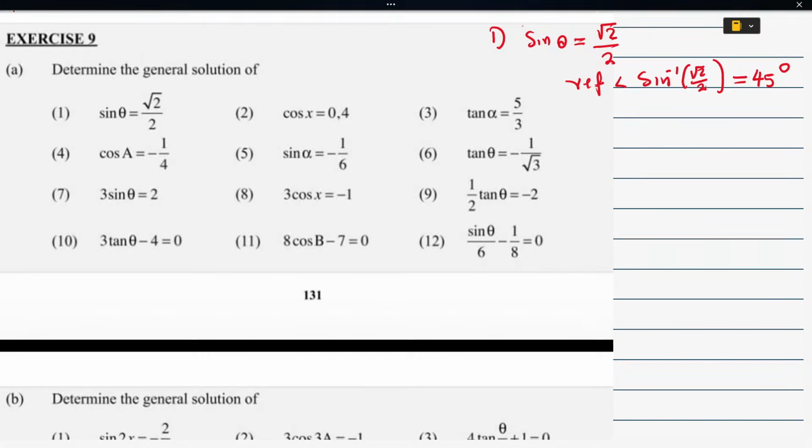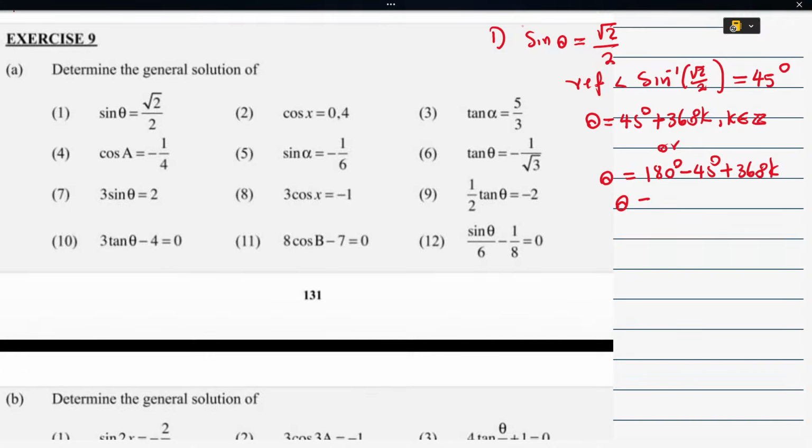Now, with the 45 degrees, the quadrants where sine is positive are the first quadrant and the second. So the first answer will be theta is equal to 45 degrees plus 360k, where k is an element of integers, or theta is equal to 180 degrees minus 45 degrees plus 360k.